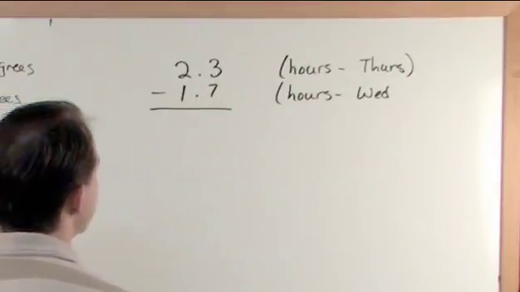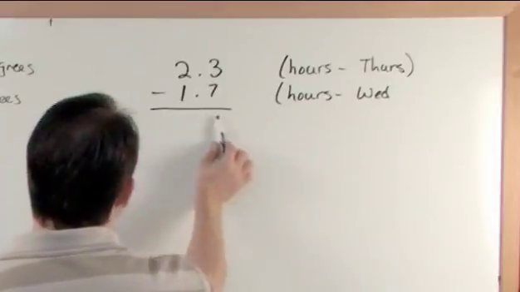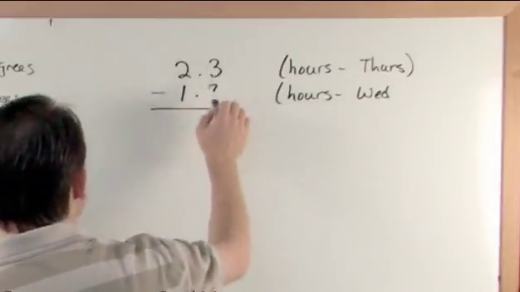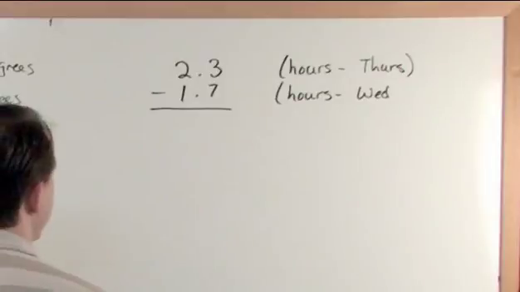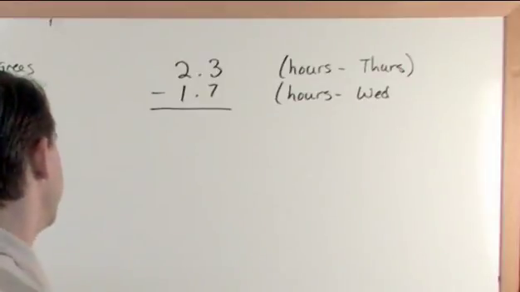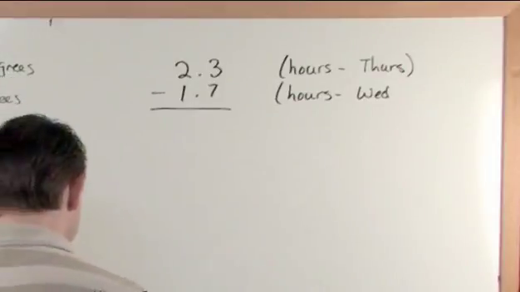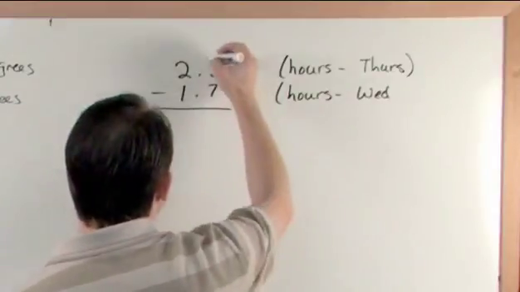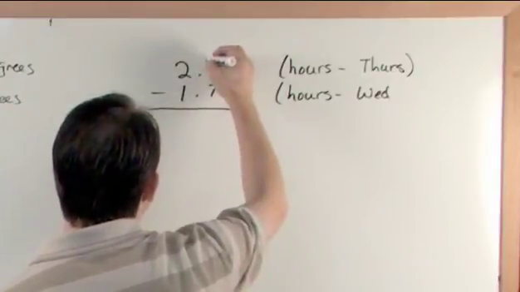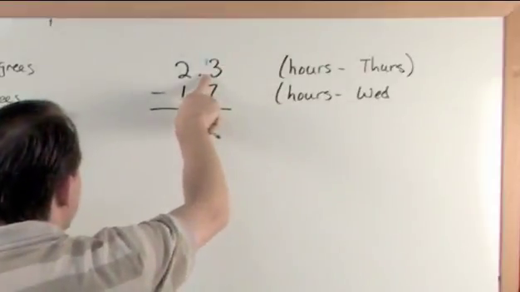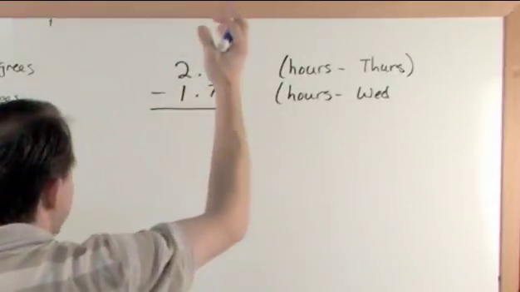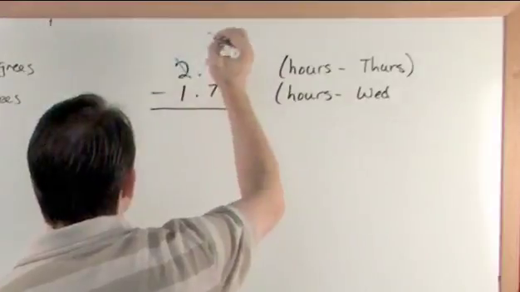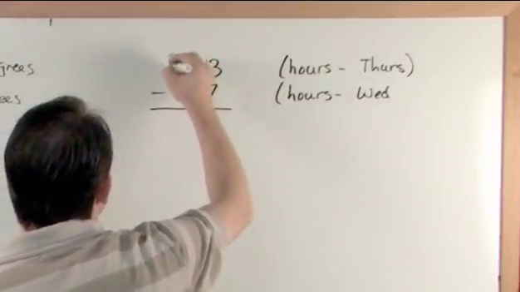Okay, so working in the right-hand column, the first thing we have to do is take 3 minus 7, and you know that you can't really do that because 3 is smaller than 7, so we have to borrow. Okay, so the way you do that, and we've talked about this before, is you just put a little 1 up here, making it a 13, but this has to come from somewhere. You can't just make it up out of nowhere, so you take it from the 2. You scratch through the 2, and you put a 1 here.